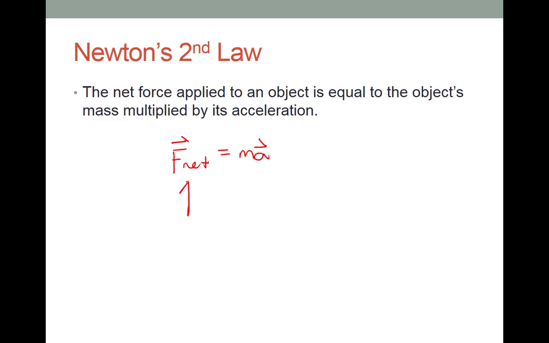And remember this guy, F net, as we saw a couple parts ago, is the sum of all the forces applied to the object. And remember, by sum here we mean vector sum, so you've got to watch out for directions. Okay, so F net equals ma, Newton's second law.